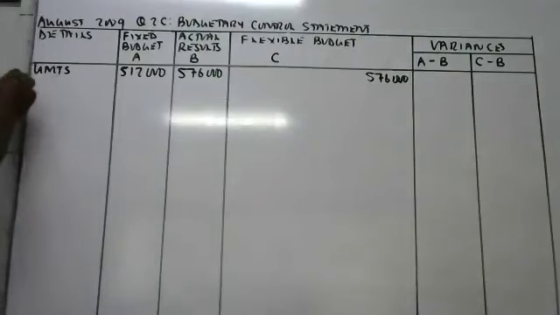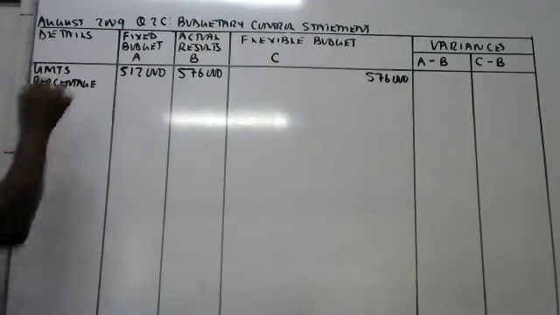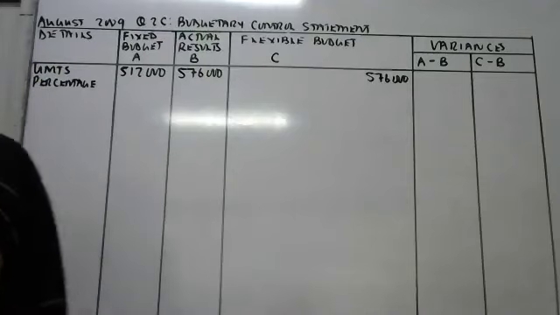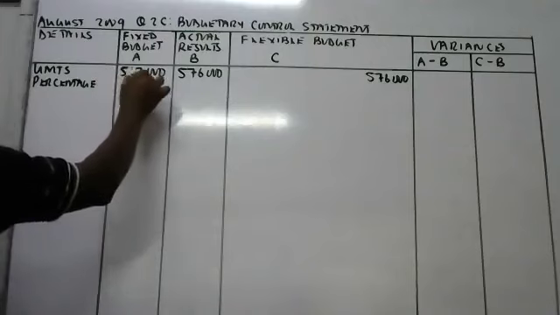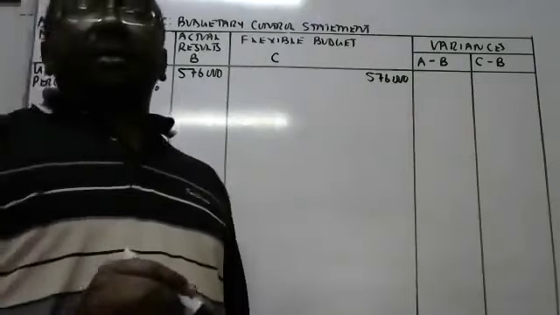Then we come here. You give it percentage. Percentage. Now, in the percentages, the original is always given 100%. The original budget, the fixed budget is 100%.